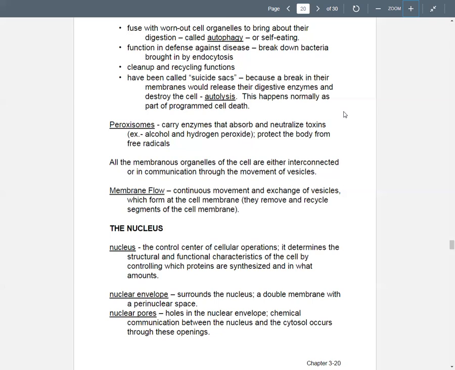Your nucleus also has holes in it, or pores. Allows for communication of chemicals between the nucleus and the cytosol. It's also where the ribosomal RNA leaves the nucleus.